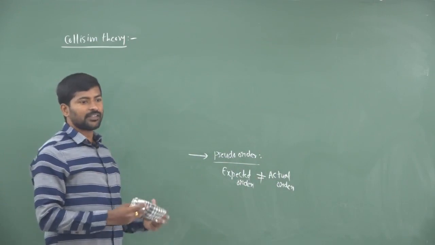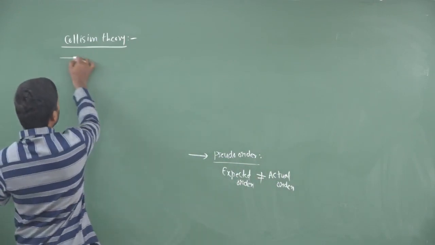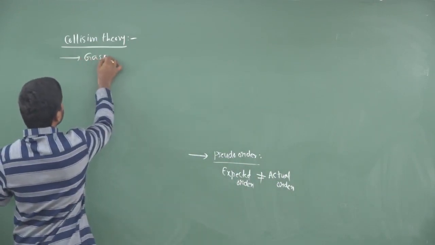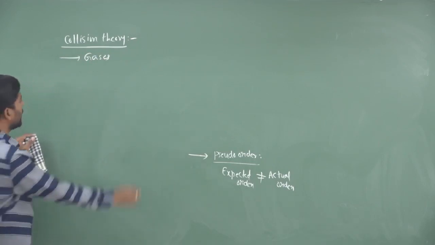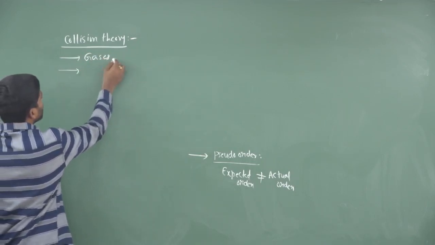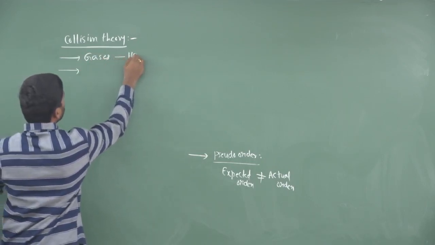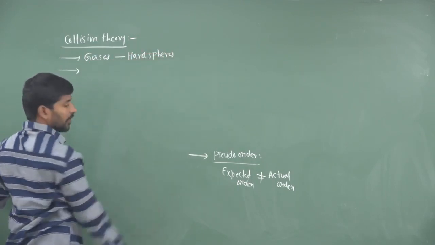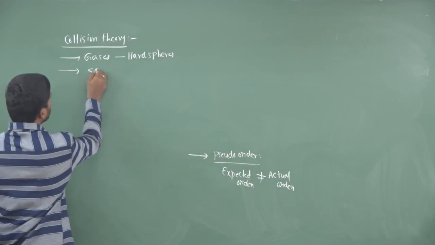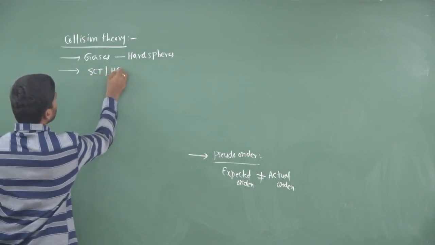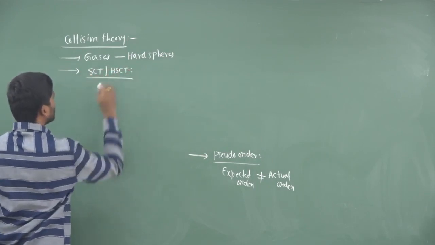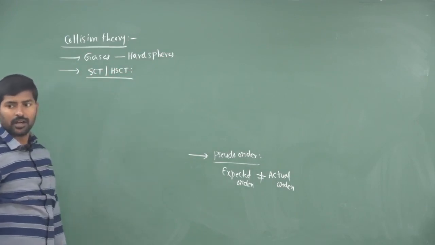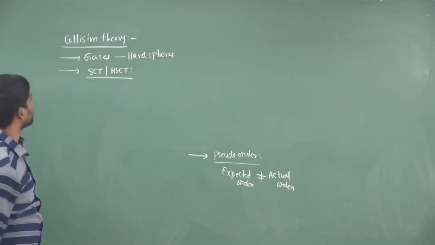This theory is mainly concentrated on reactions involving what? Gases. First, gas molecules are assumed as hard spheres. That's why this is also called simple collision theory or hard sphere collision theory.